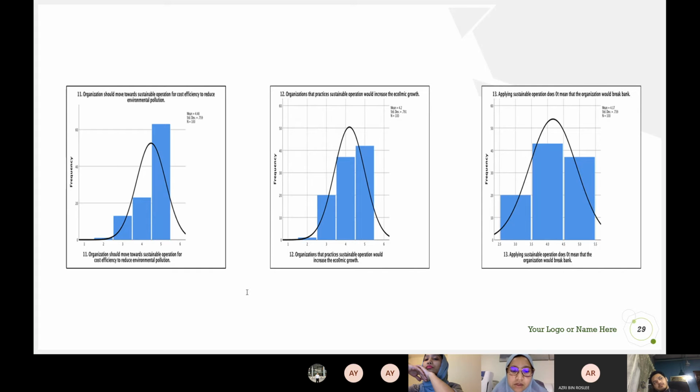Meanwhile, the median of the result is 4.0, and the mode of the statistic is 4. It implies that most of the respondents chose agreed as their answer.